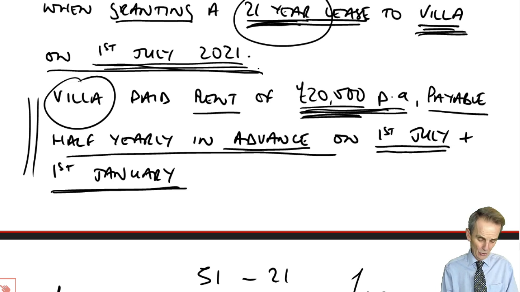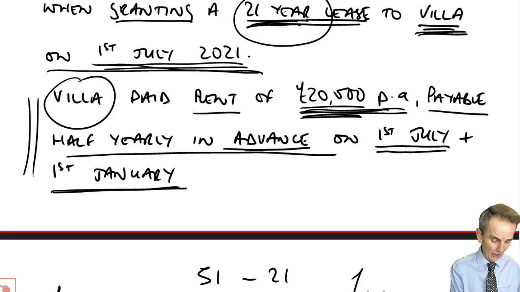Villa took this commercial property from the 1st of July 21. The rental payable in that accounting period would be the allowable deduction against trading income. But there will also be an annual trading profit deduction that you can take here.